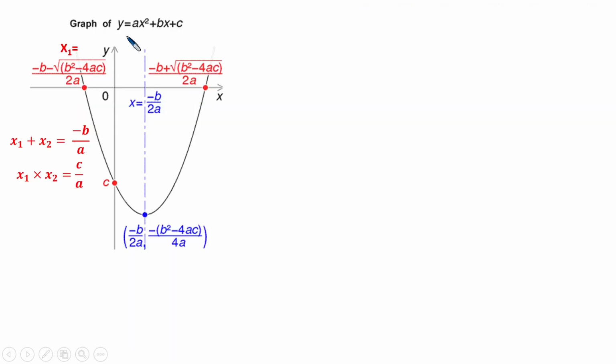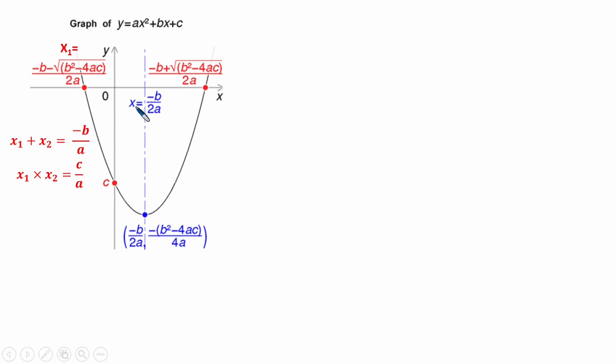So for a given curve, y is equal to ax square plus bx plus c, suppose this is the x-axis, you have solutions. We have solved the quadratic equation, so y equal to 0 for this, and this is the plus or minus, negative side. So if I add this x1 and say this is your x2, then x1 plus x2, the 2 will get cancelled, will be minus 2b by 2a, that is minus b by a.